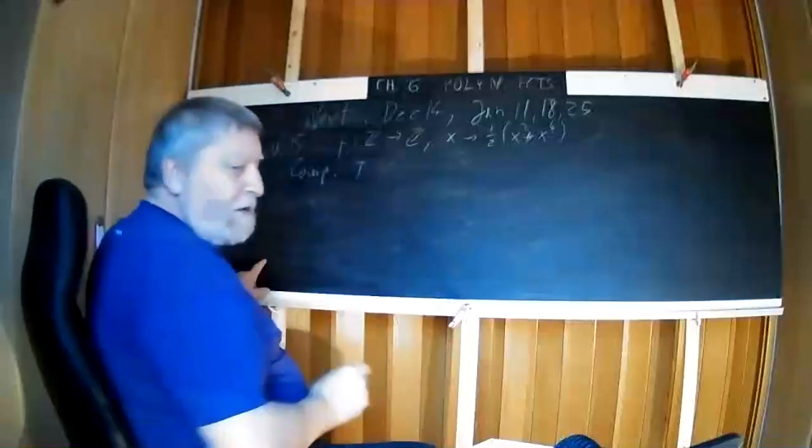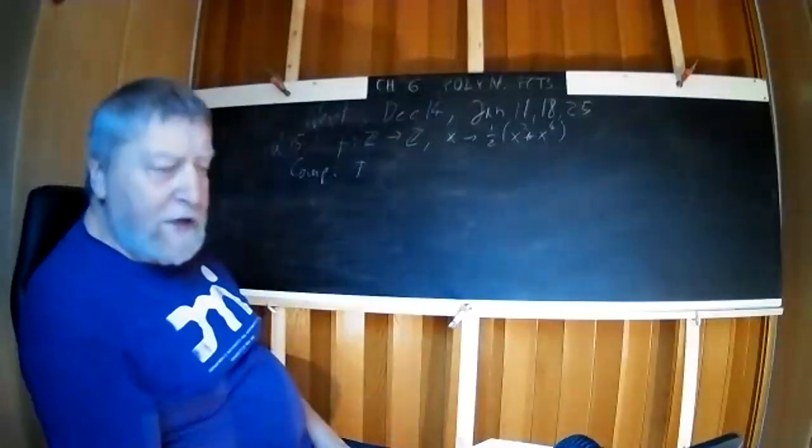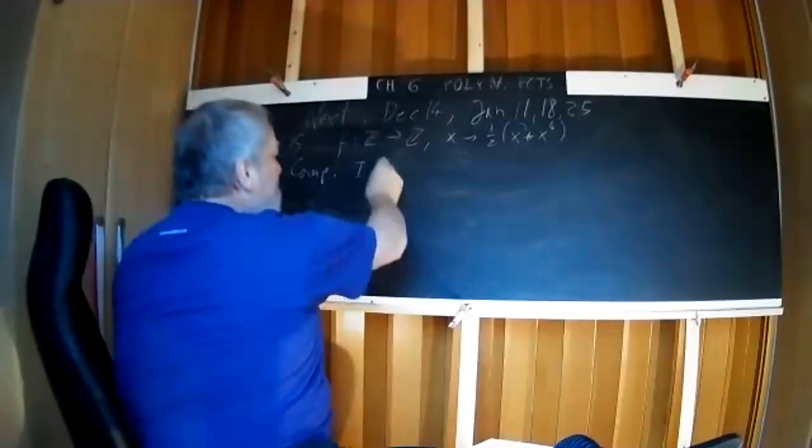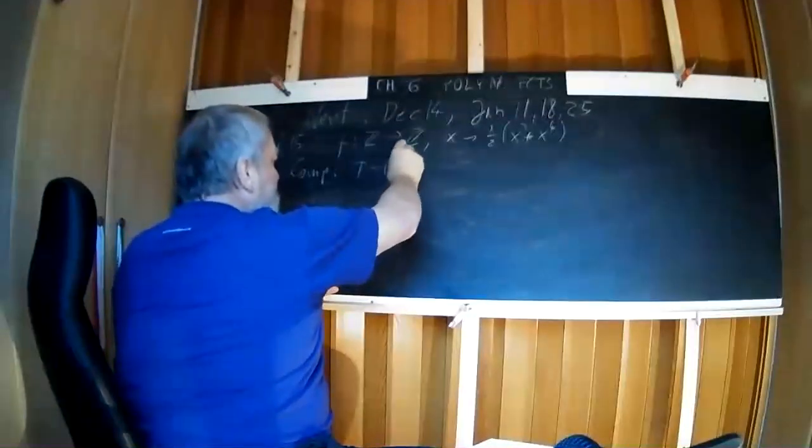So take an ideal of Z, and you know every ideal is a principal ideal, so it's generated by some natural number n.